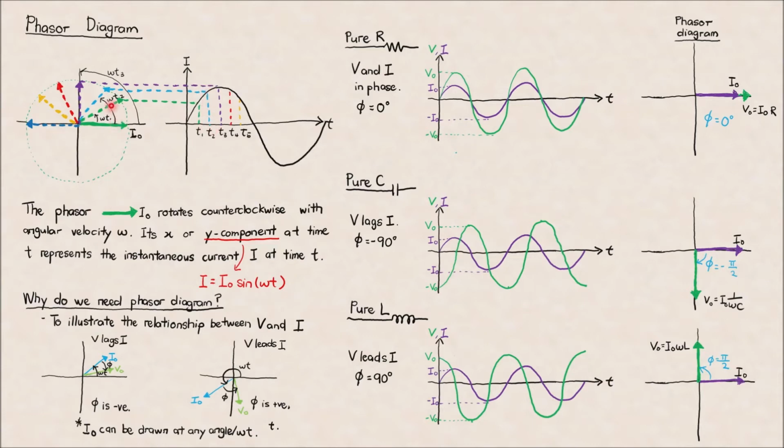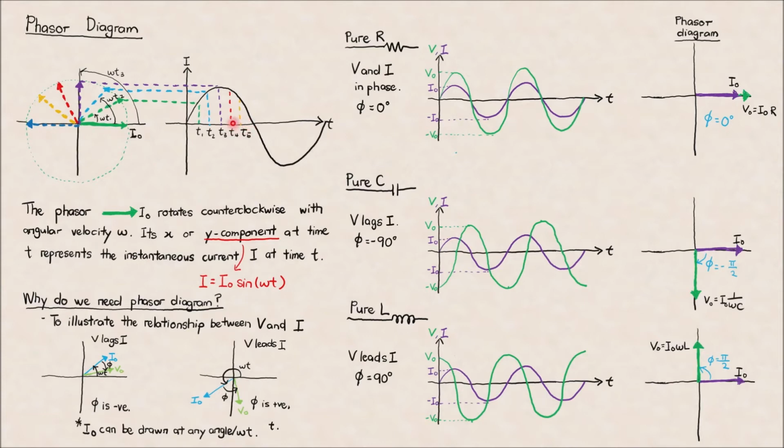The phasor has rotated through an angle of omega t2, and the y component of this phasor will be the instantaneous current at time t2. It's the same thing for t3, 4, 5, and 6. When you reach different angles, you take the y component, and that y component will represent the instantaneous current at that specific moment.